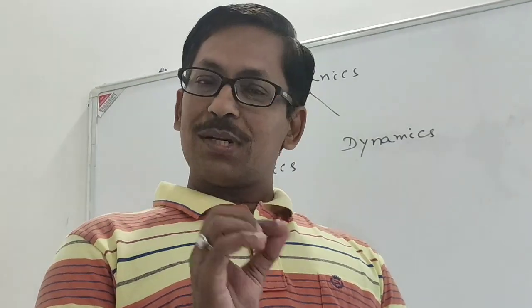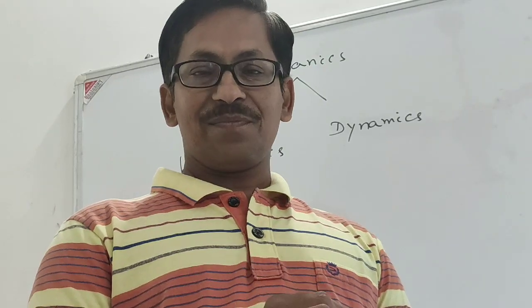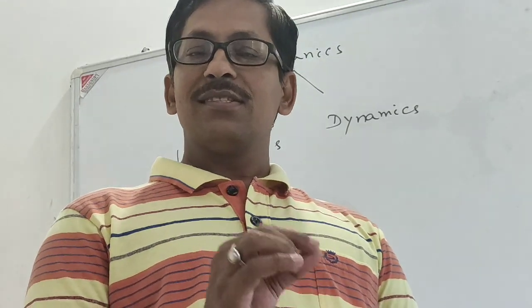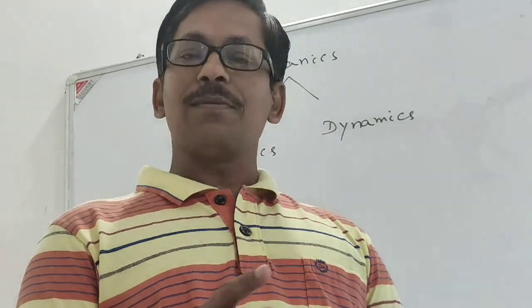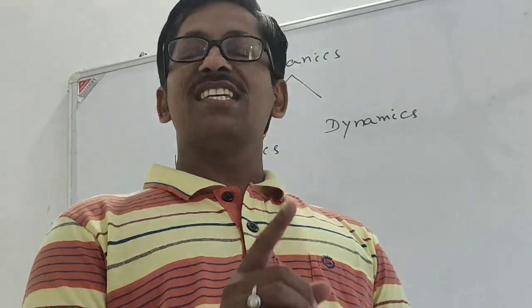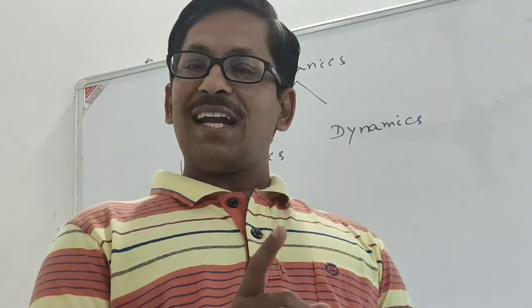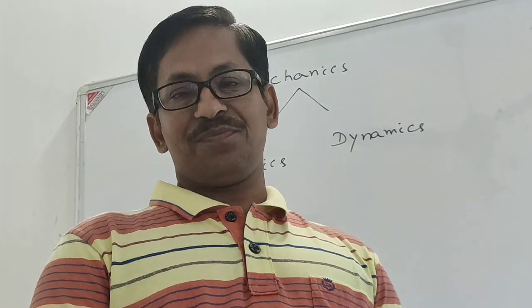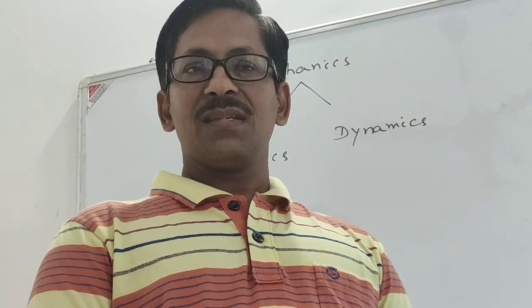So you may say the force is an external agent which changes or tends to change the state of rest or of uniform motion, or it can change the direction, or it can change the shape and size of the body. This is how force is defined.